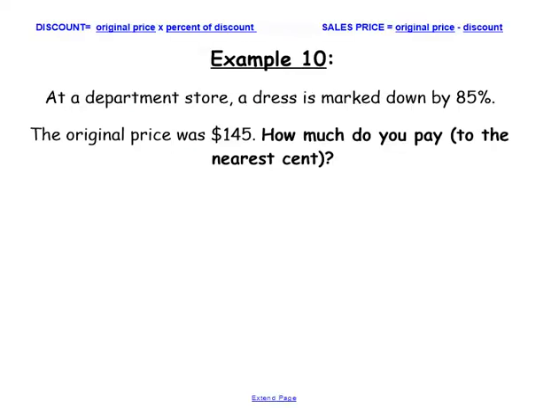All right, one last example. Why don't you try this one on your own? It's pretty basic, and we will review the answer together.